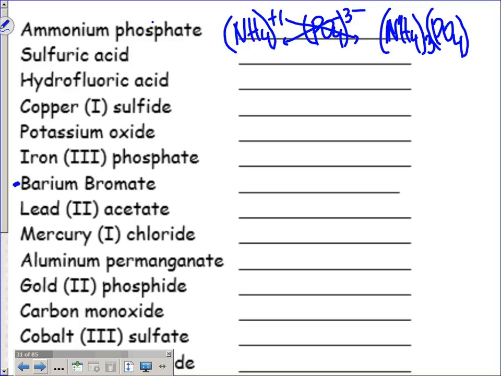Okay, what's iodate? IO3, 1 minus. Okay, so chlorate has chlorine. Iodate has iodine. Bromate has bromine, right? BrO3, 1 minus, right? So if you know this one, you know this one, and you know this one because they all have the same style.